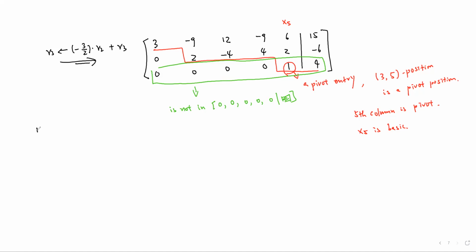Now, backward elimination, to reduce the echelon form to the reduced echelon form.